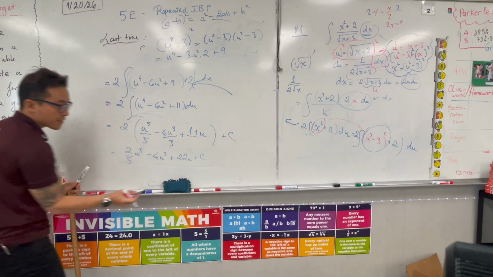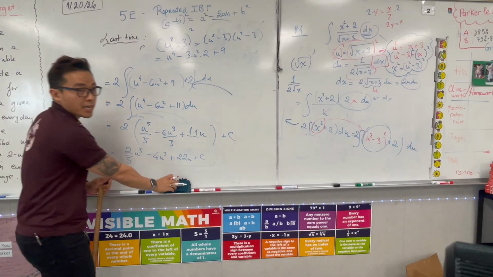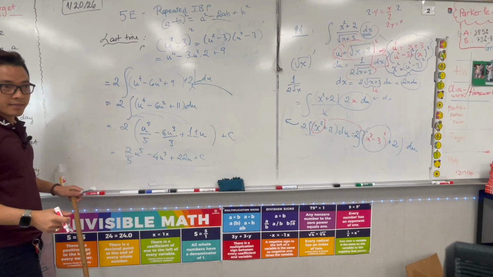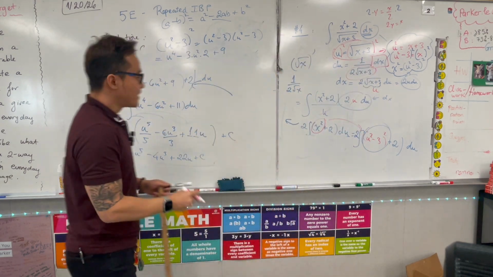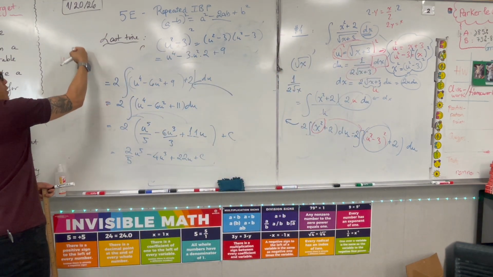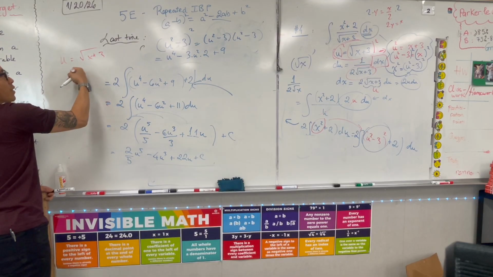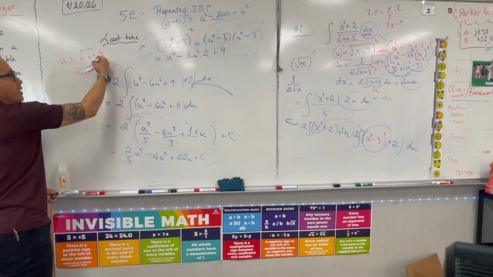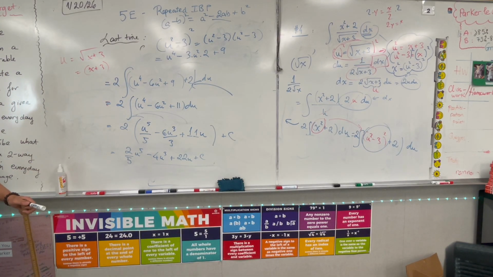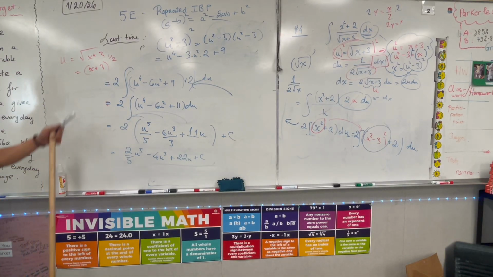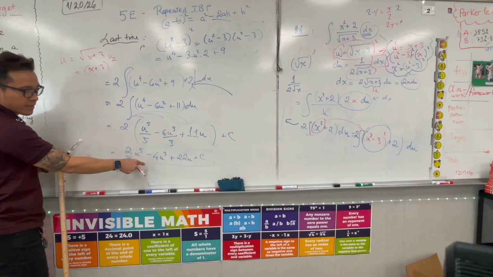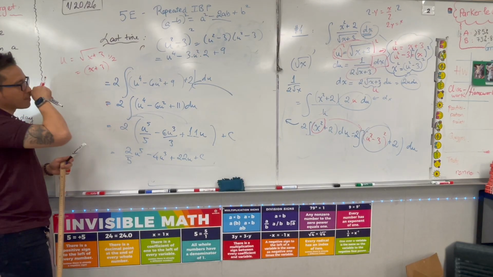Is that your final answer? No, you need to replace back the x. What is u equal to? Square root, so remember u equals the square root of x plus 3. That also means x plus 3 to the power of, what power? 1/2. Very good. You can plug it in here.